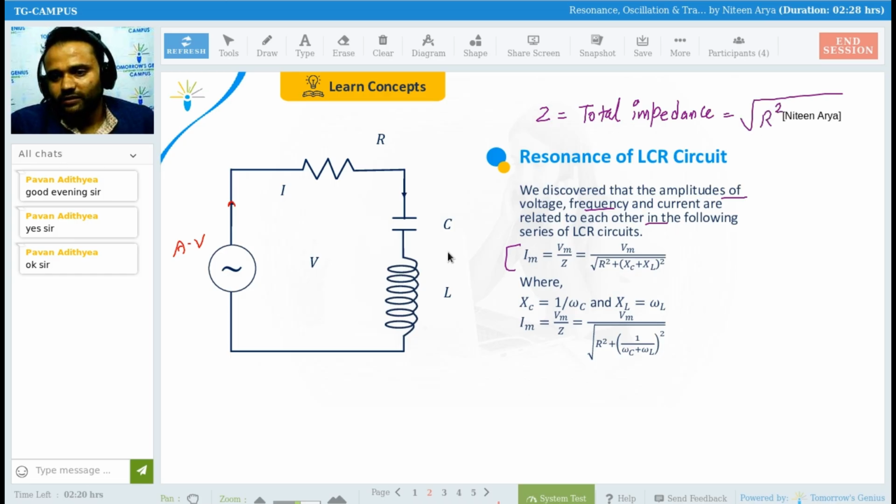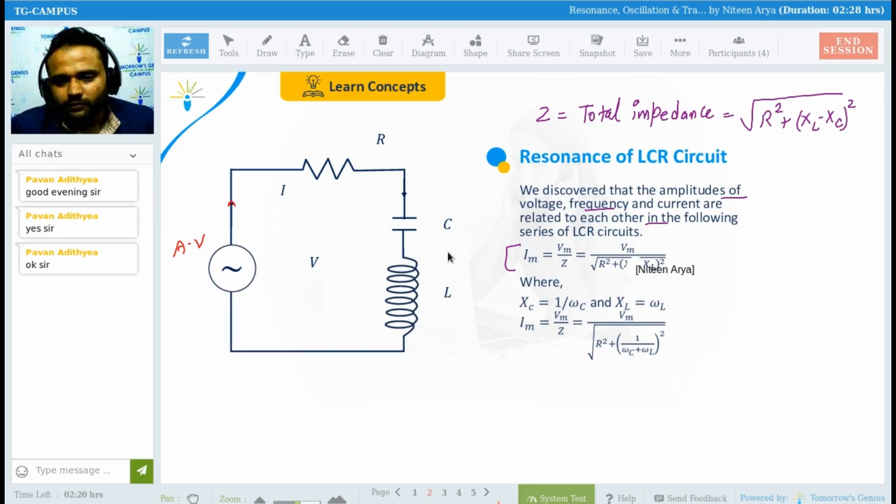That is the square root of R squared plus (XL minus XC) squared.